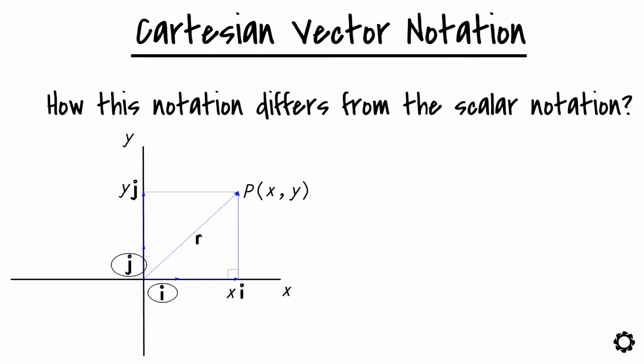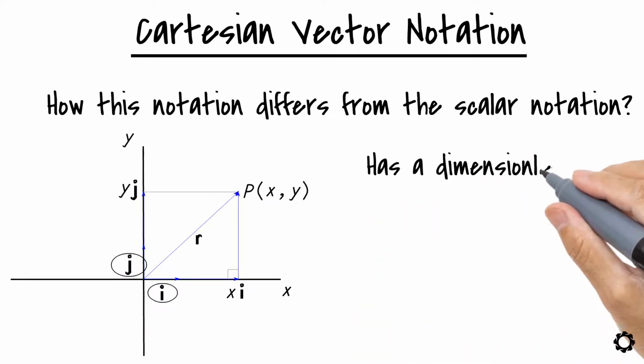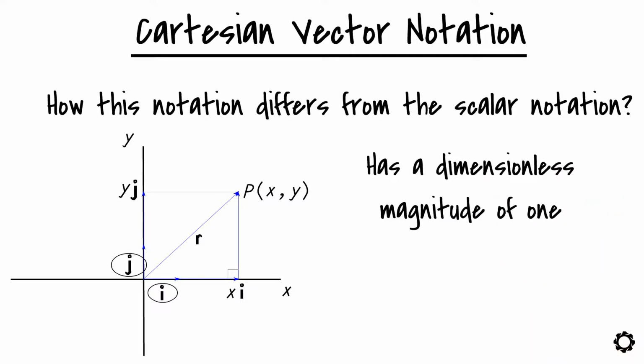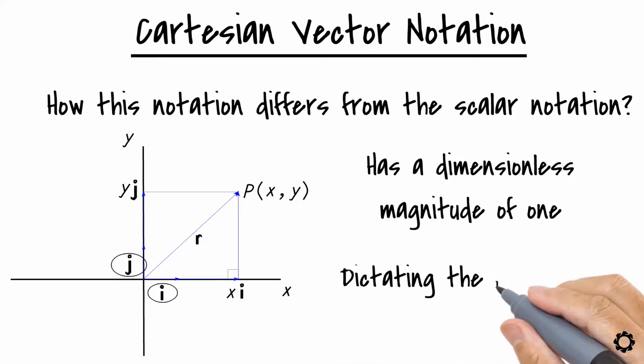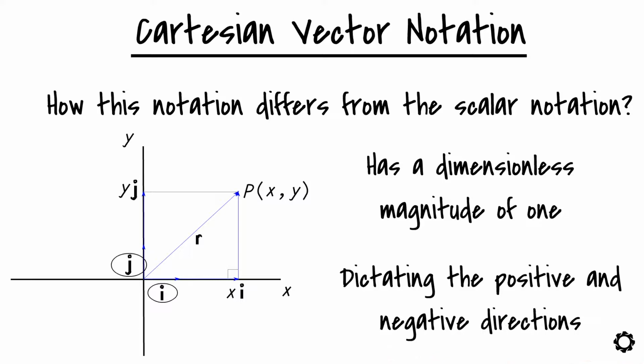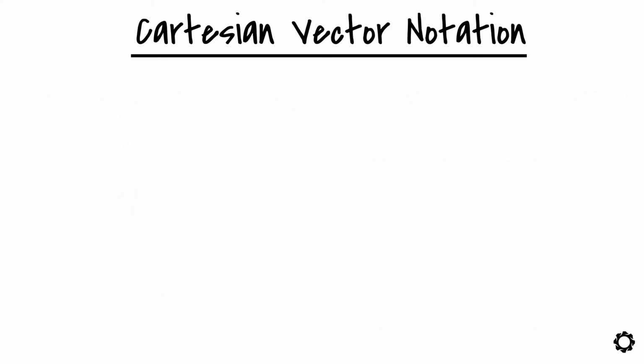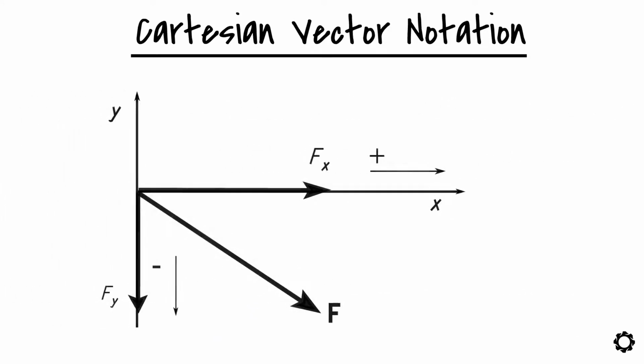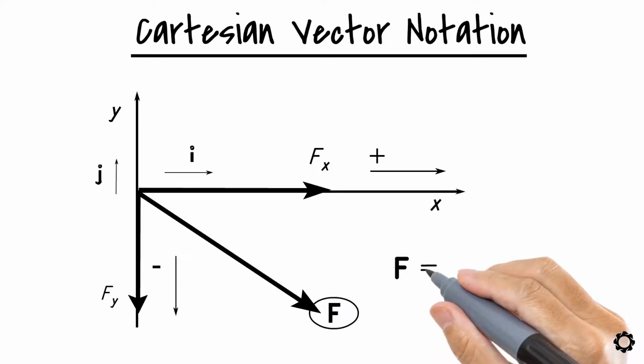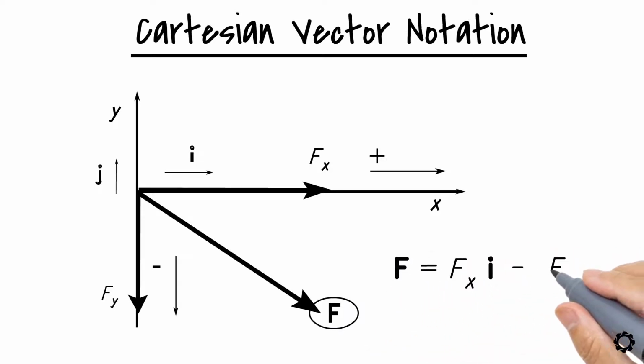The main property of the Cartesian unit vectors is that each unit vector has a dimensionless magnitude of 1, which makes them suitable for dictating the positive and negative direction of the x and y axis. If we use the previous example, which we used when establishing the scalar notation, then the force vector of that example can be described with Cartesian vector notation in such a form: F equals Fx times i minus Fy times j.